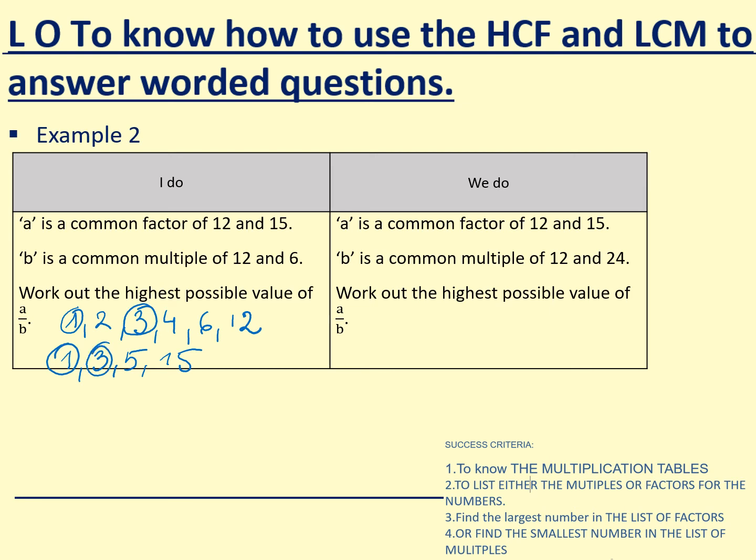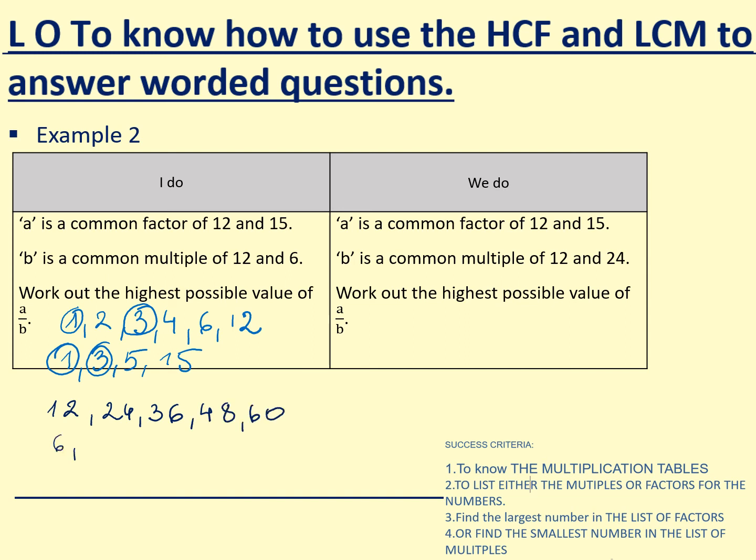So A can be either of those numbers. Now, B is a common multiple of 12 and 6. So in here we have more possibilities. So I'm going to change the color to a little bit darker blue. So multiples of 12 are 12, 24, 36, 48, and 60.